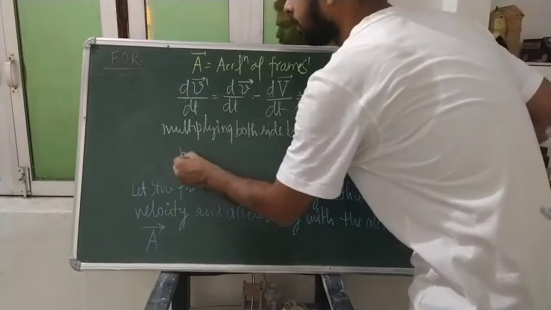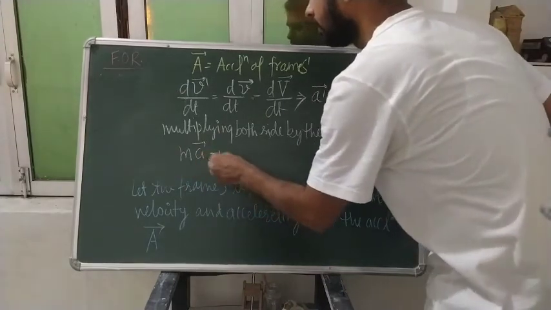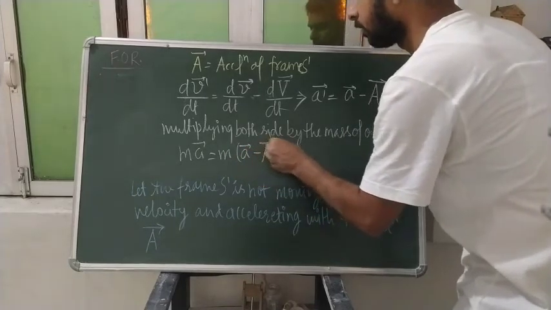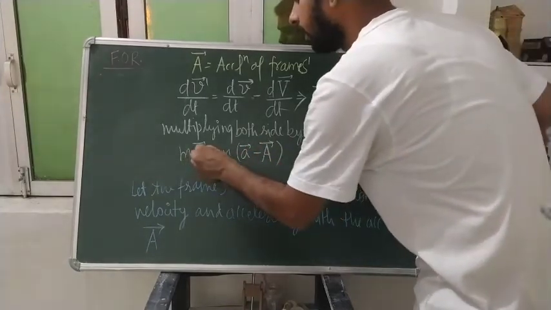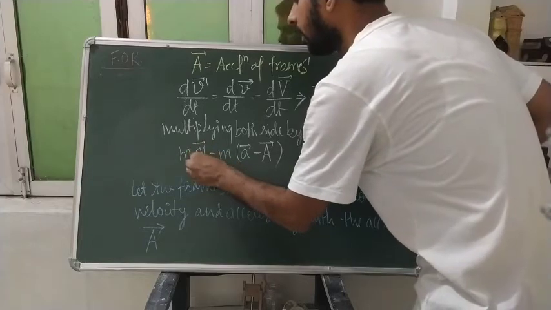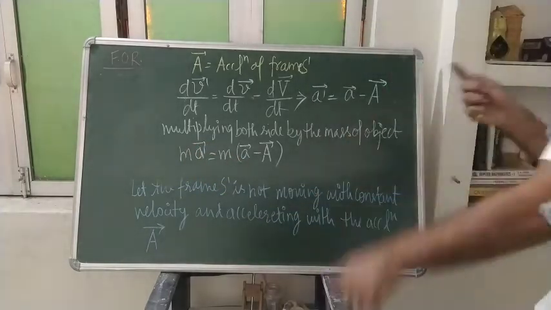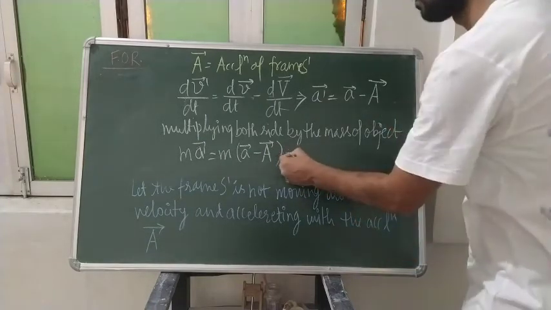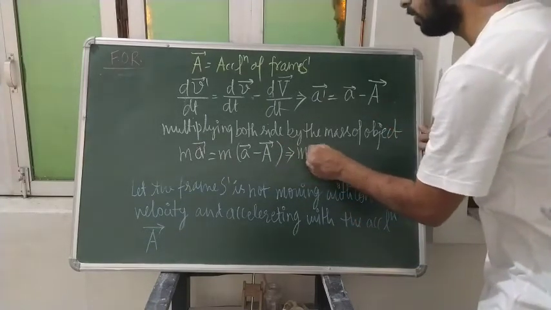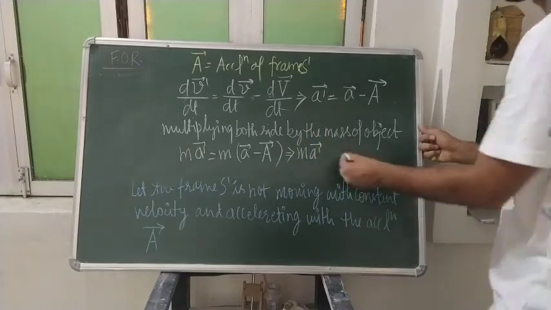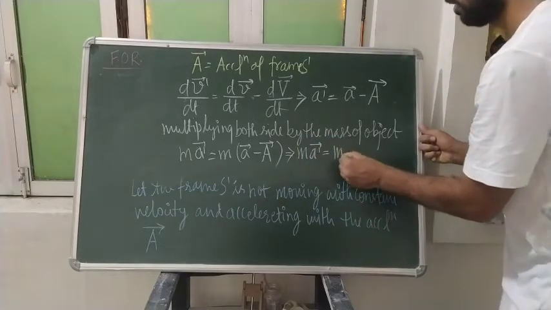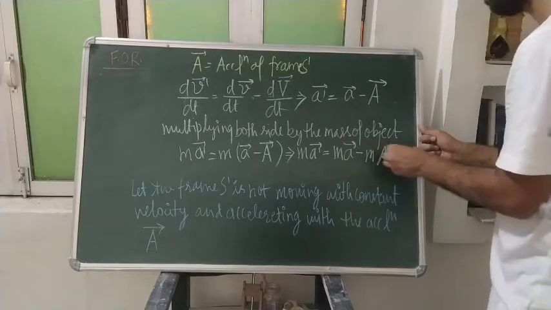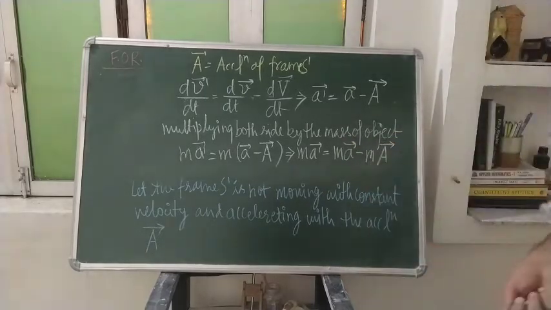When you multiply the mass both sides, the expression you will get is mass times small a prime vector, and this is going to give us m times the small a prime vector equal to m times the small a vector minus m times the capital A vector.